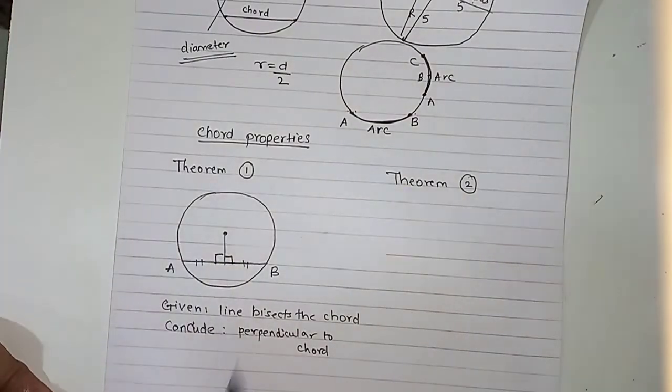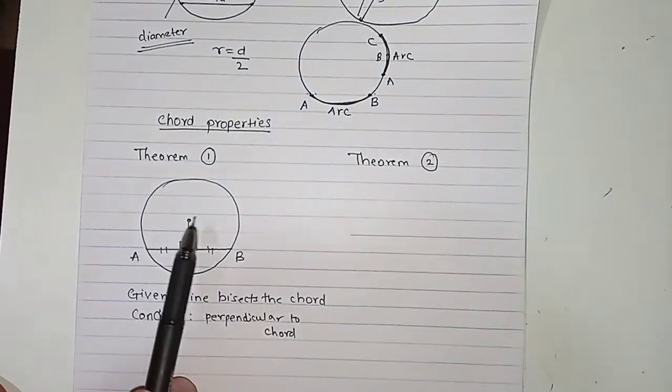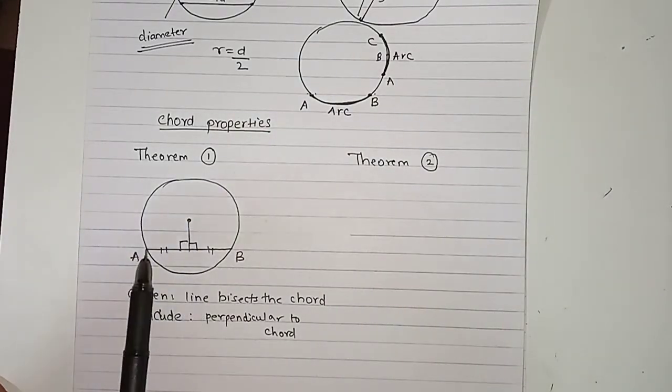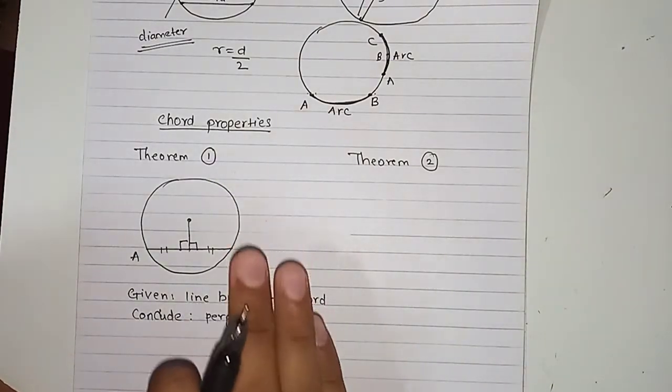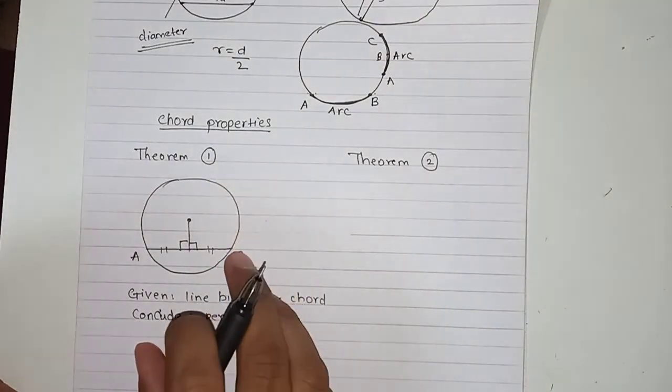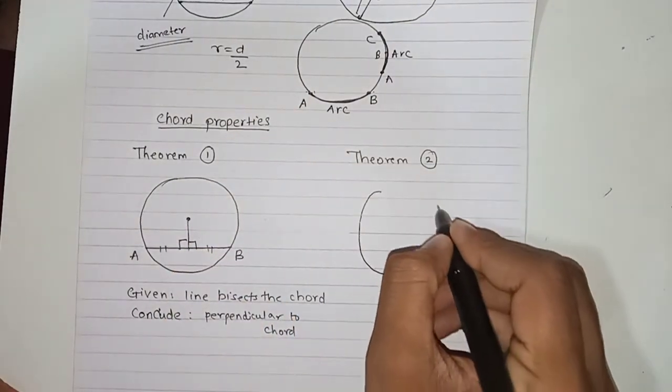It has to make 90 degrees. So the statement says a line drawn from the center which bisects the chord is perpendicular to the chord. Okay. And the same theorem but in the reverse manner is given here.